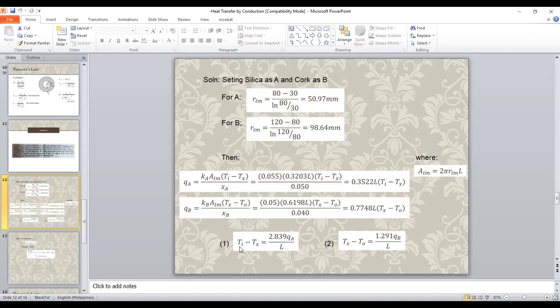When I add T sub I minus T sub X to T sub X minus T sub O, what is the expression resulting when I add? The driving force. The driving force, correct.